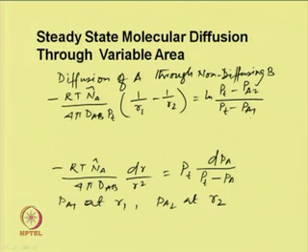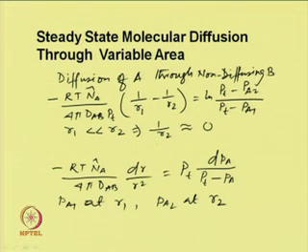So, if we consider R 1 is very less than R 2, then 1 by R 2 is approximately equal to 0.